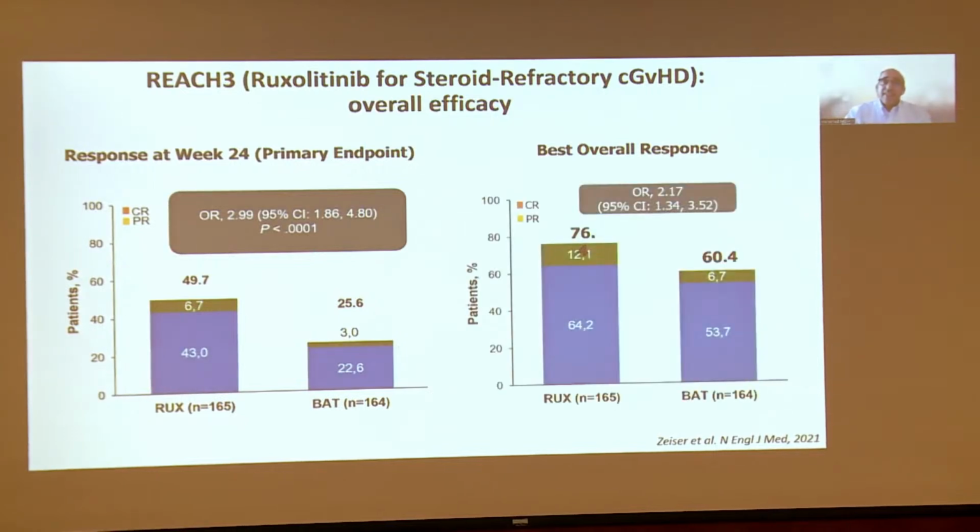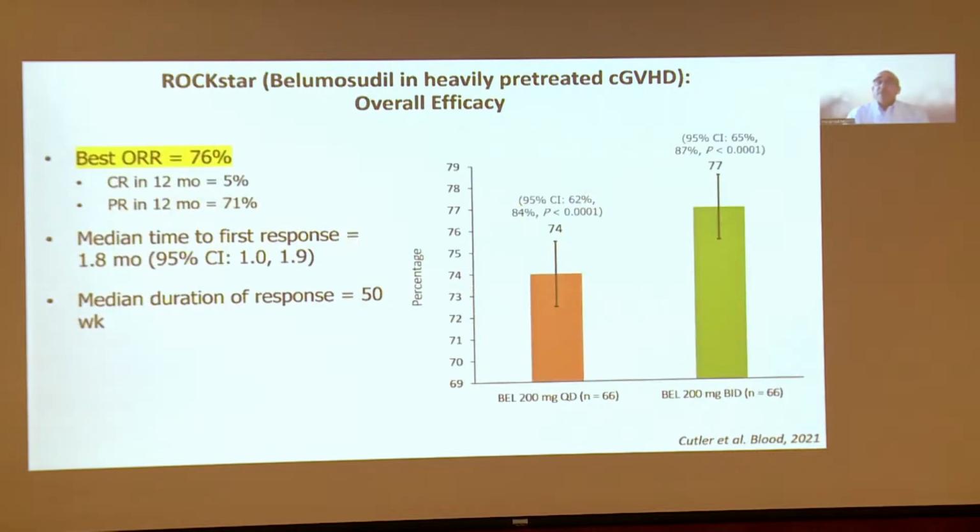So here you can see the results of the REACH3 trial, ruxolitinib for steroid refractory chronic GVHD, a clear and significant difference compared to the best available therapy. This is why ruxo now is widely used. But we have now this newcomer belumosudil in the ROCKSTAR study, heavily pretreated chronic GVHD, including patients who received and failed ruxolitinib, and you have an overall response rate of 76%.